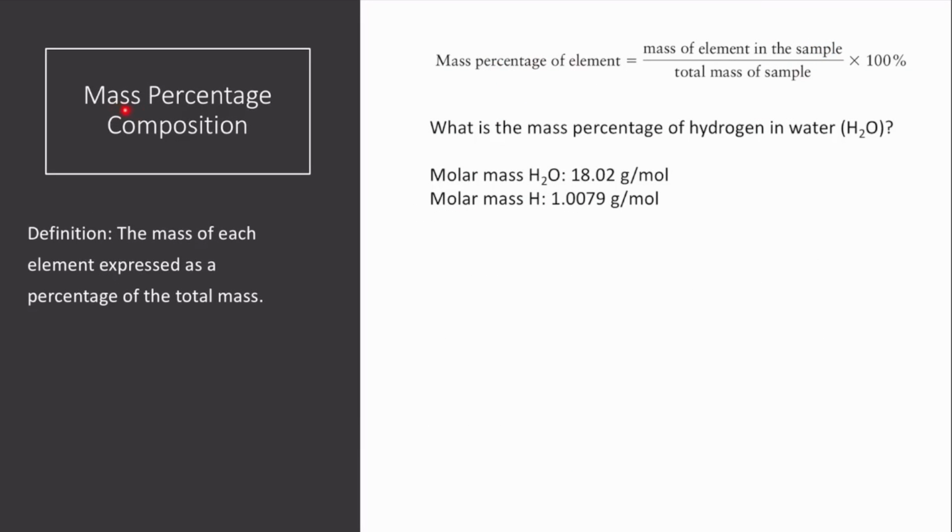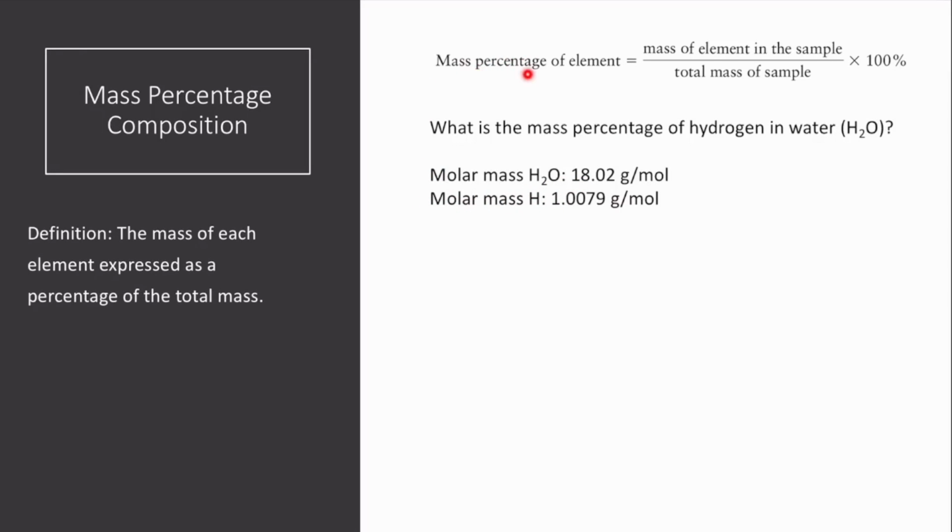Next, let's define the mass percentage composition. This is the mass of each element expressed as a percentage of the total mass. For example, what is the mass percentage of hydrogen in water with this molecular formula, H2O? We're given the molar mass of water and the molar mass of hydrogen.